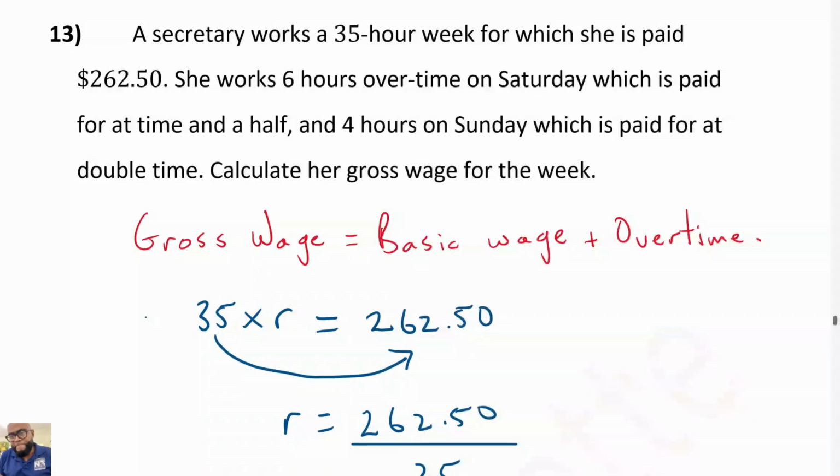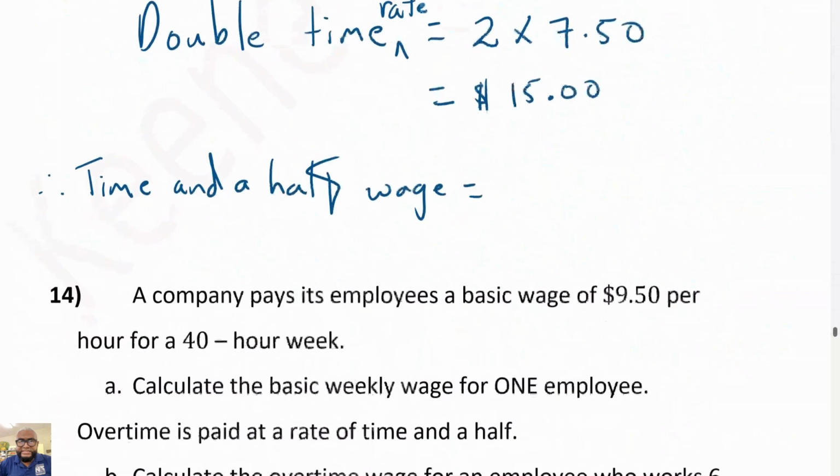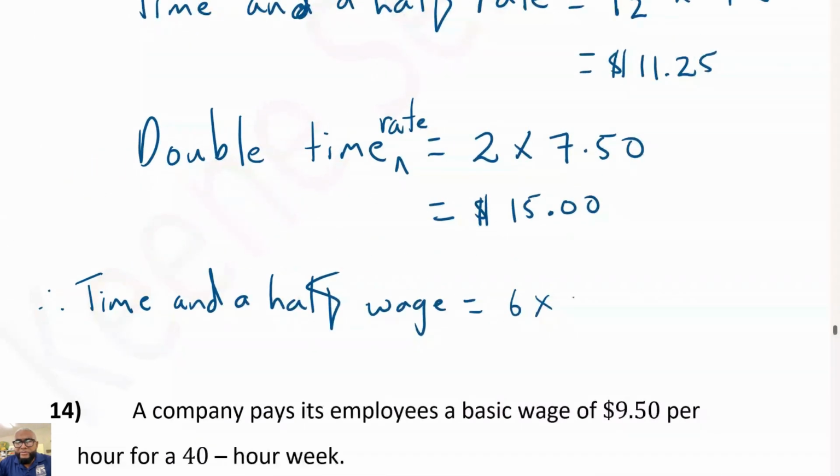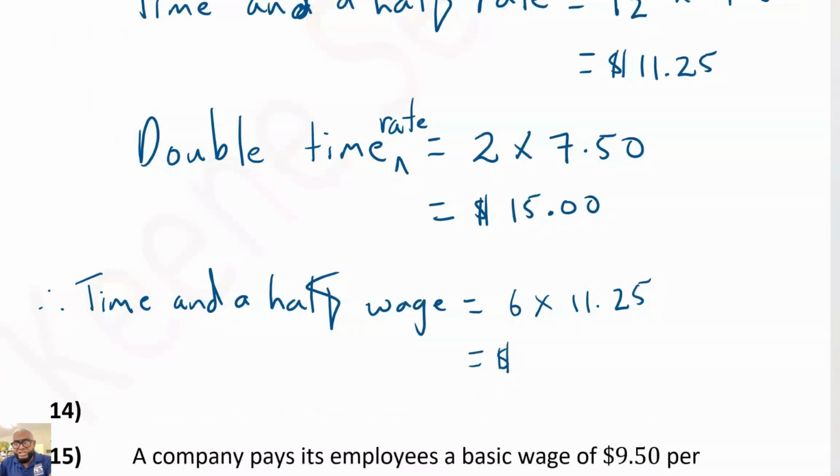Right? So it'll be 6 multiplied by what was the time and a half hourly rate? 11.25. And what does this work out to? This is my time and a half wage, right? And then I have to get my double time wage.